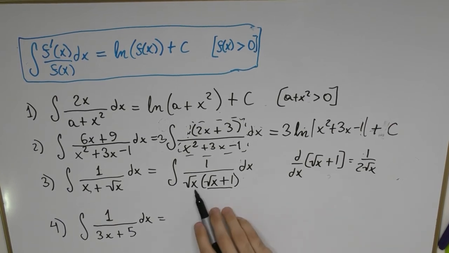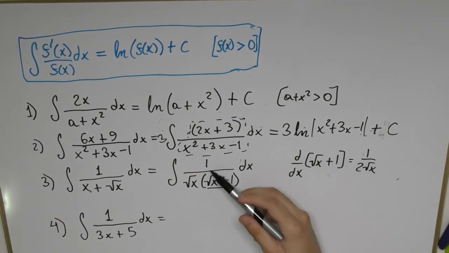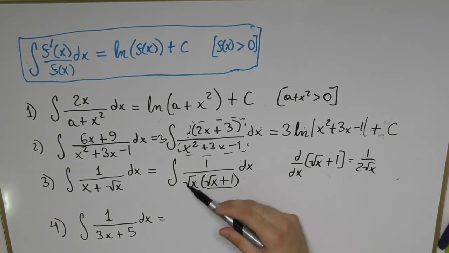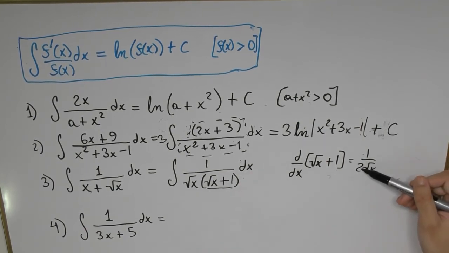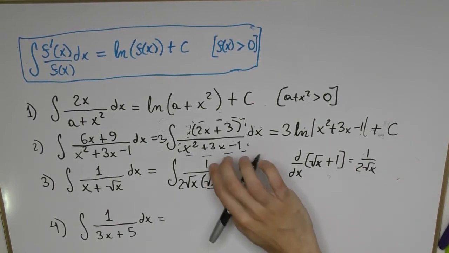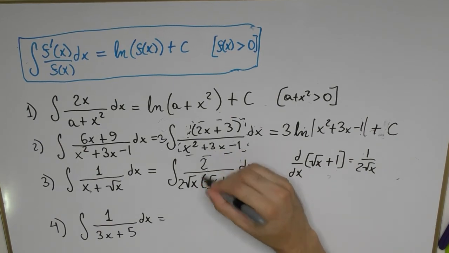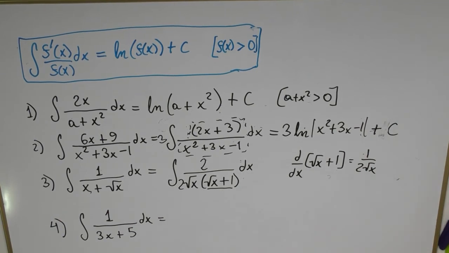And if you look at it closely, it looks like this function is in fact having this same expression in the numerator, except we have rearranged it so that it appears over here. And the only thing we're missing is that factor of 2. So what we can do to adjust that is simply have a 2 over here, and then place a 2 at the top, so that we now have the exact same expression that we need.